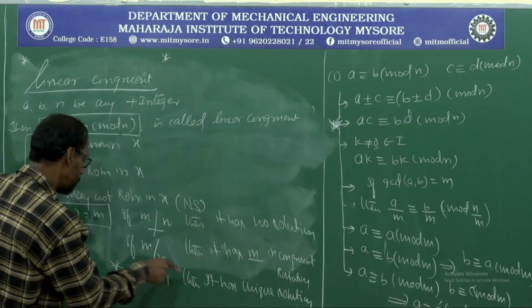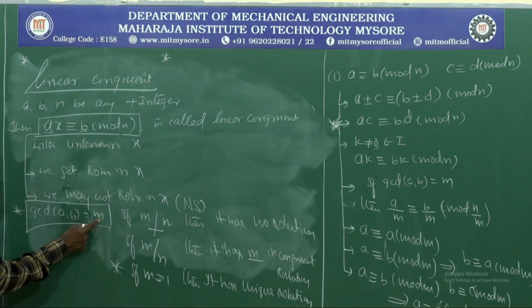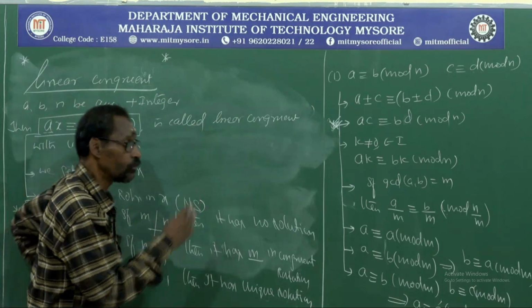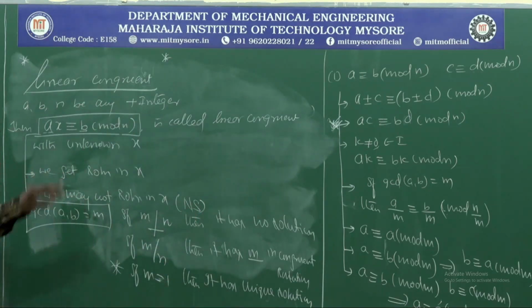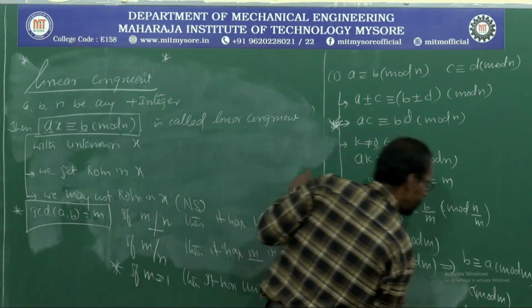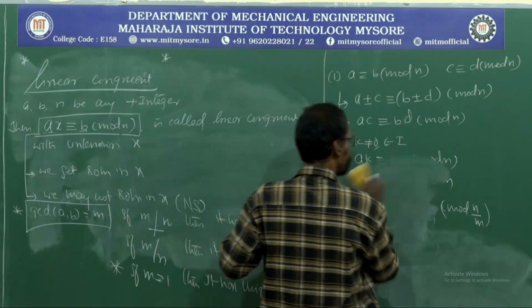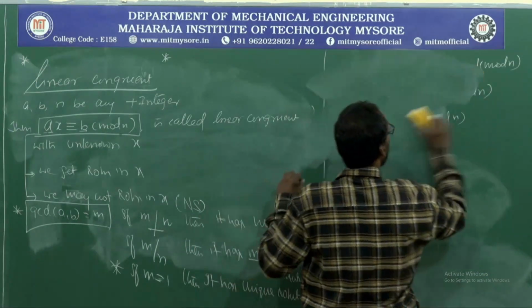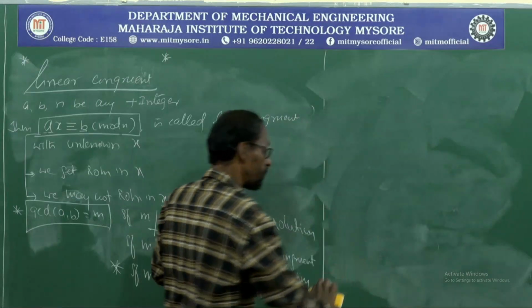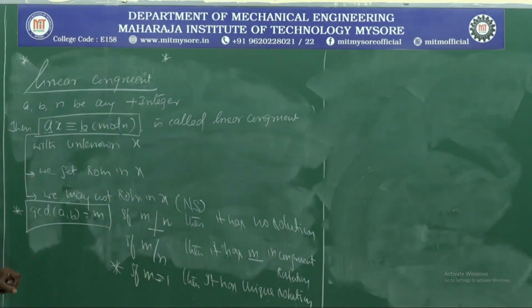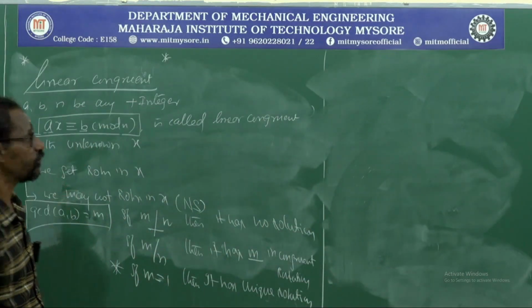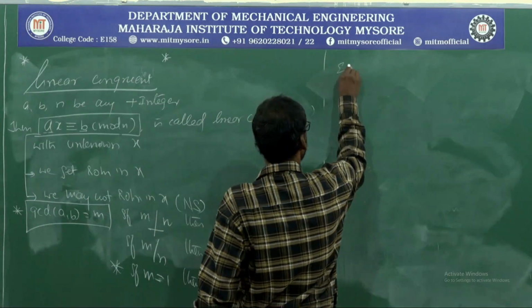And M equal to 1, that is GCD of A comma B equal to 1, that is, relatively prime, then it has a unique solution. I'll take one or two simple examples. I'll show you whether a solution exists or not, and if it exists, how many solutions exist, and under what case it has a unique solution.